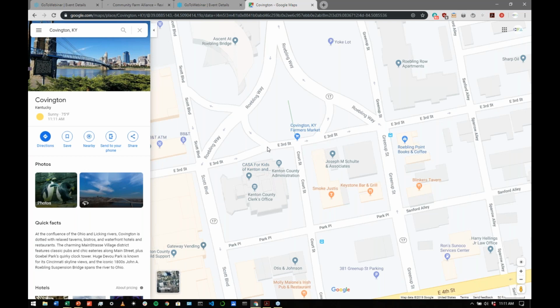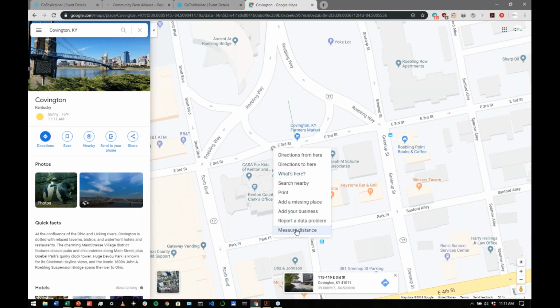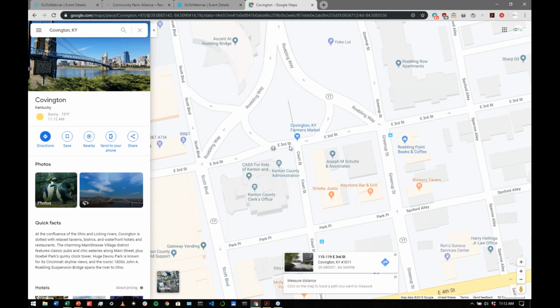But if you click on a location, say right there, and then right-click, measure distance, your next click will pop up a distance measurement, and you can drag and drop so you can see how big a space is.